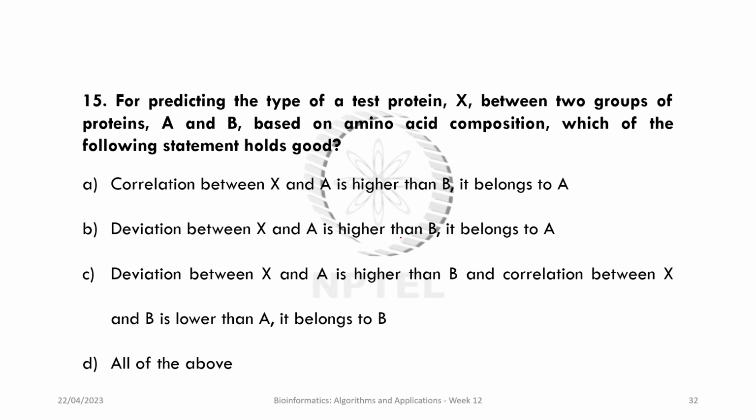Question 15. For predicting the type of a test protein X between two groups of proteins A and B based on amino acid composition, which of the following statements holds good?